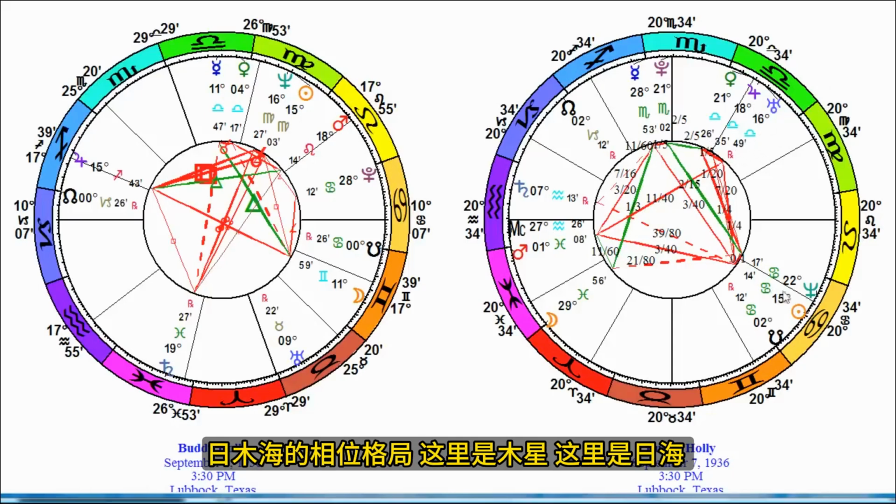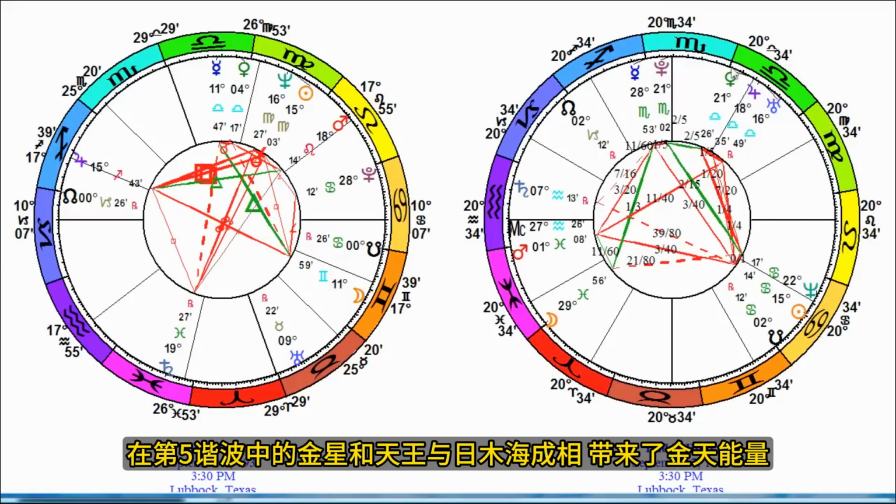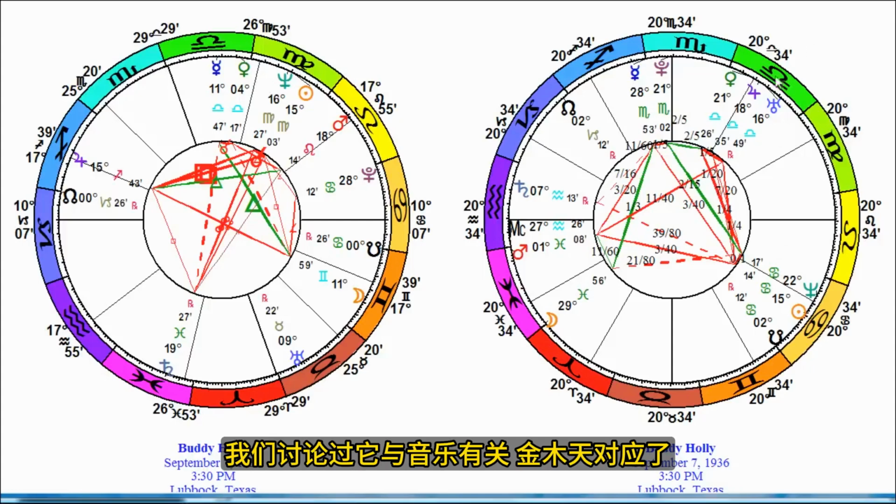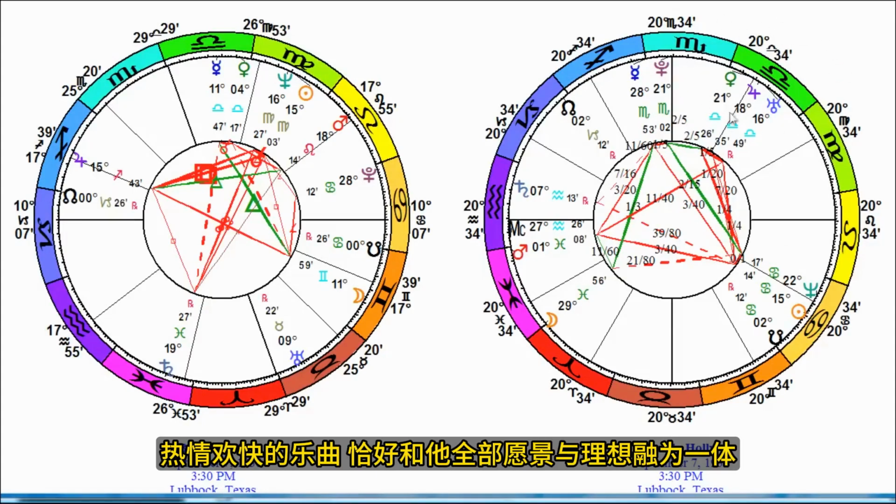Here's Jupiter, here's the Sun and Neptune. Venus and Uranus are making aspects in the 5th harmonic chart to the Sun, Jupiter, Neptune, bringing Venus, Uranus, which we talked about as being related to music, Venus, Jupiter, Uranus being related to enthusiastic music, bright, happy music, and it ties up with all his visions and his dreams.